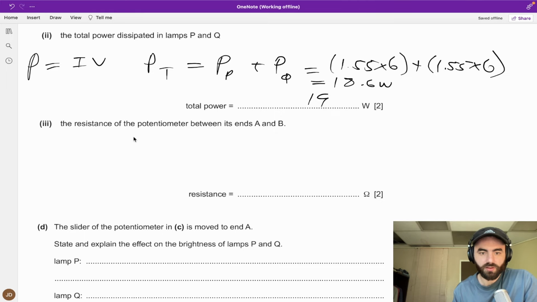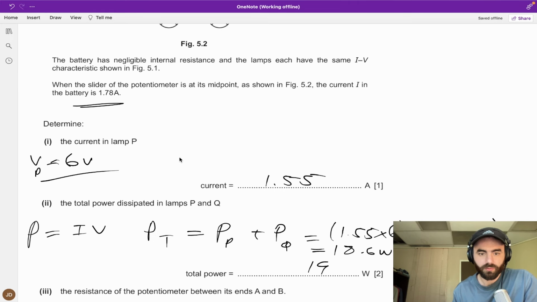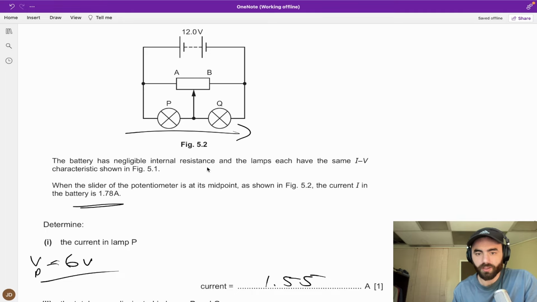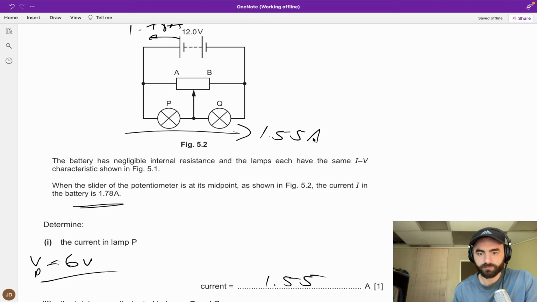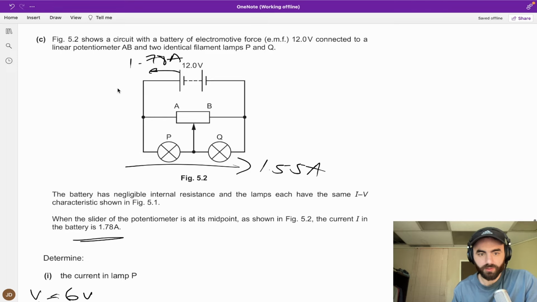The resistance of the potentiometer between its points A and B. Well, we know the current flowing down here is 1.55 amps, and the current supplied by the battery is 1.78 amps. The current here is being split. So the current down the potentiometer will be 1.78 minus 1.55.